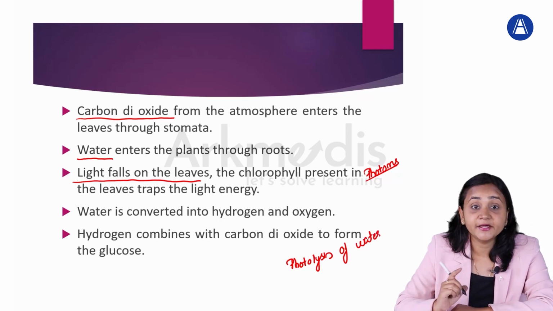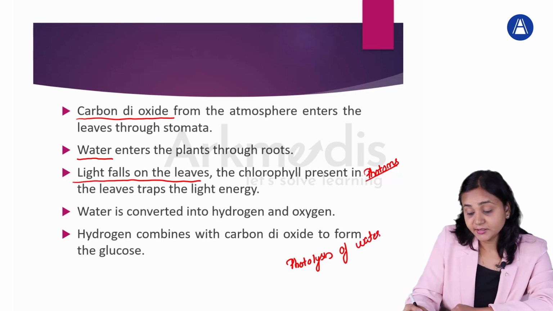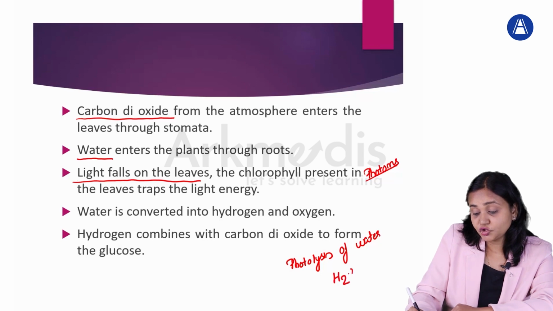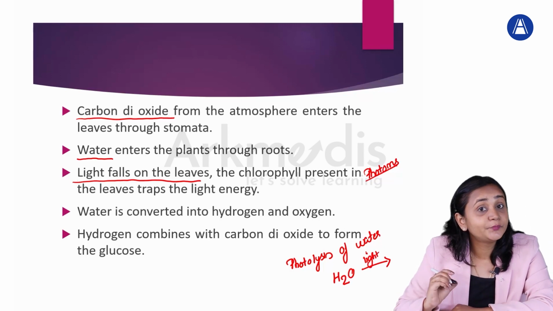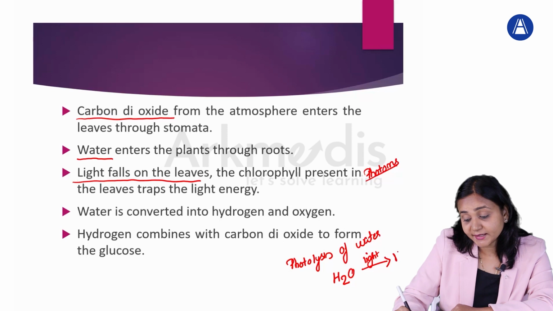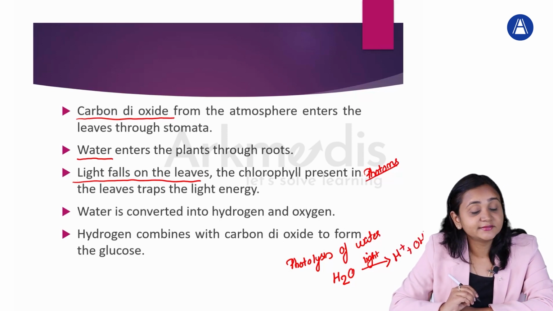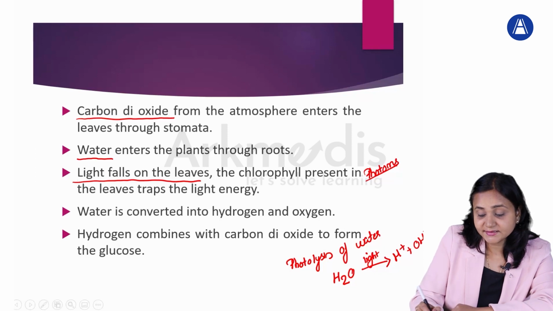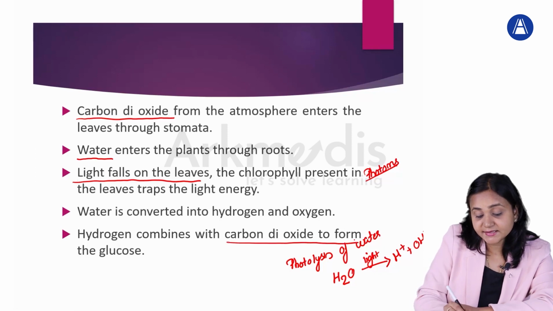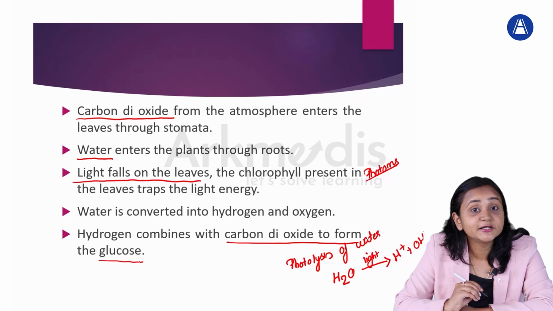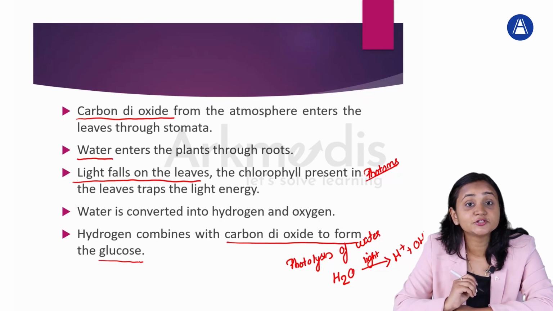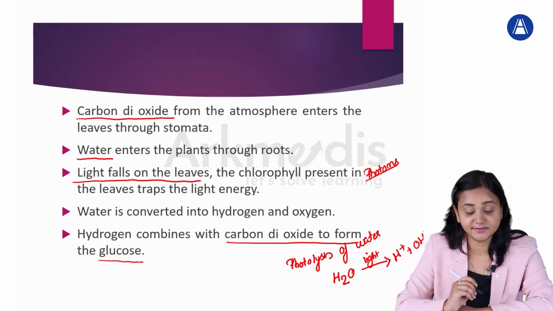Water is made up of hydrogen and oxygen. Now we write it as H2O. In the presence of light, this water molecule breaks down into H+ and OH- ions, and the carbon dioxide further forms glucose, that is the main source of energy for the plants.